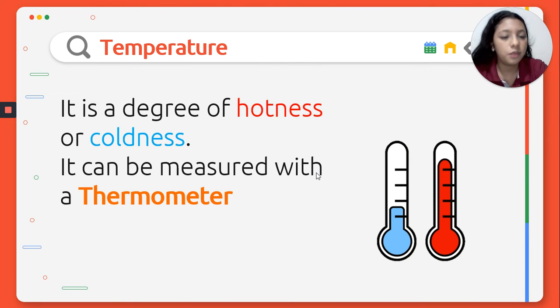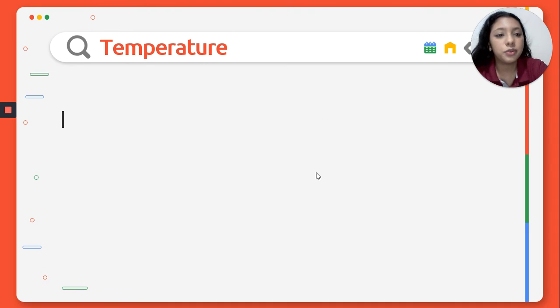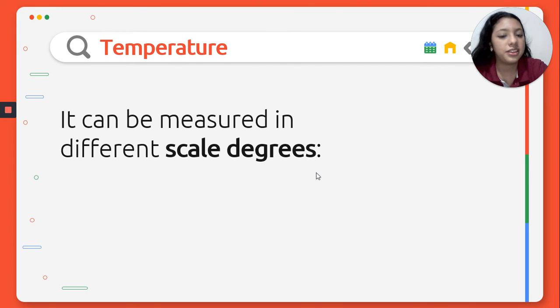Let's see. Here we have a thermometer, and then we have the cold in blue, and in red, obviously, the hot one. So what else do we know about temperature? It can be measured in different scale degrees. Yes, scale degrees.